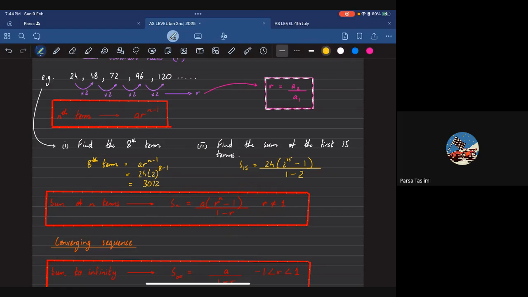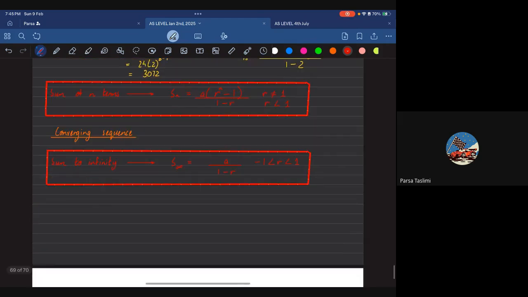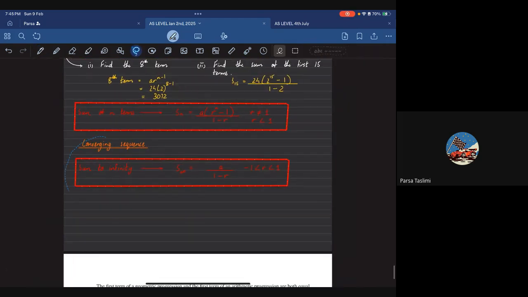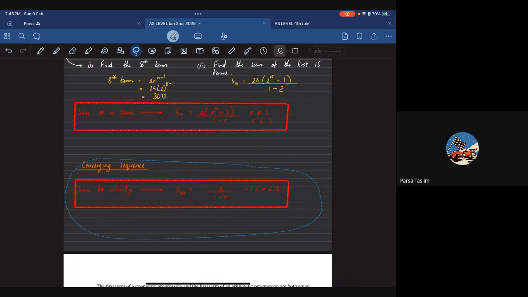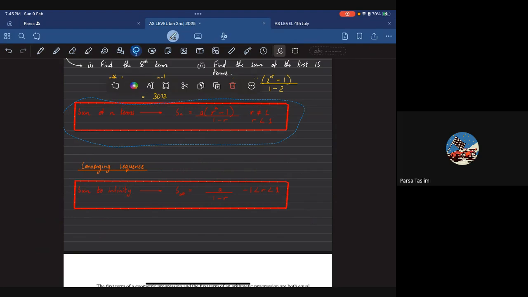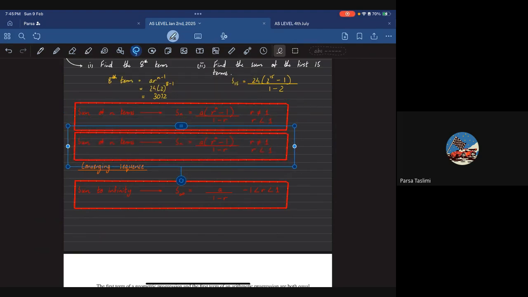When r is less than 1 for a normal progression, then you will use this formula. And when r is greater than 1, guys, by the way, I think you guys have done this in IGCSE too. I think this is in the syllabus, if I'm not wrong.